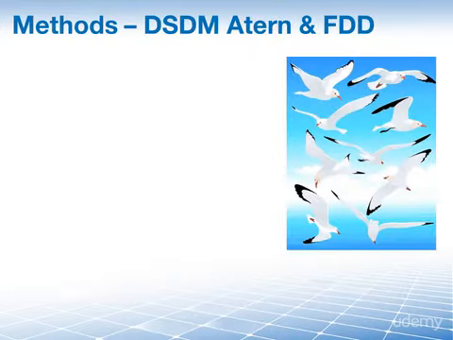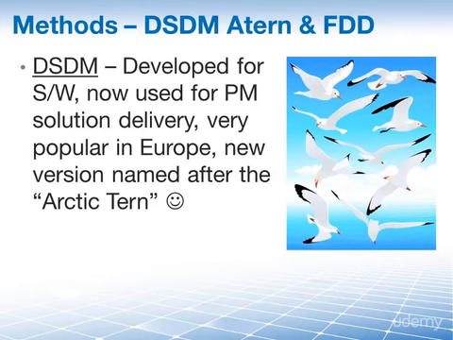Our next Agile method is DSDM, which stands for Dynamic Systems Development Method, and it is an Agile project delivery method that was initially used for software development, which evolved into a generic approach to project management and solution delivery. It is an iterative and incremental approach, and it is very prevalent on projects implemented in Europe.